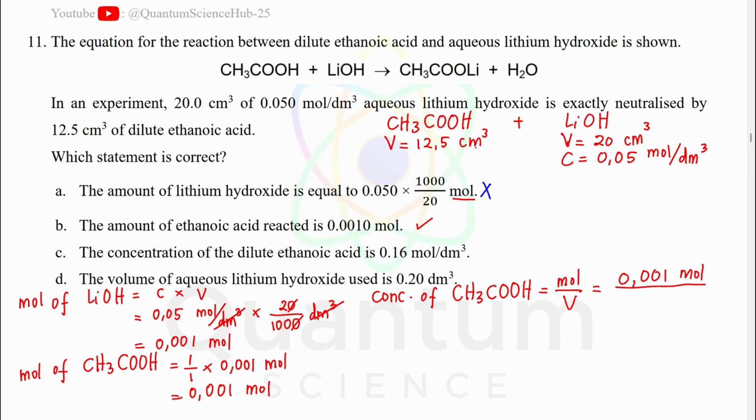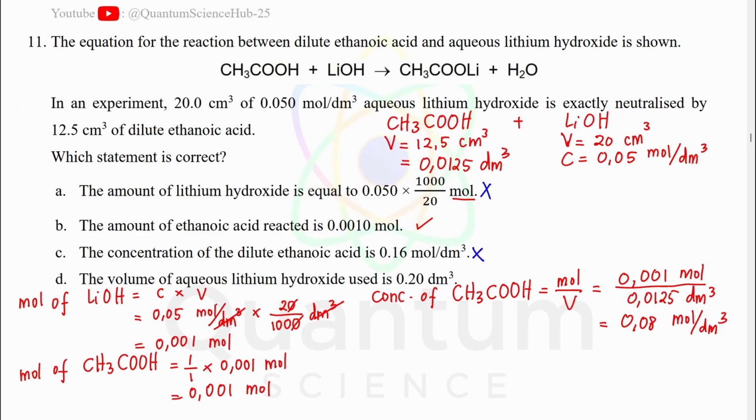We divide by 1000, so it equals 0.0125 decimeter cube. Okay, so you divide by 0.0125 dm cube, so it equals 0.08 mole per dm cube. So this option C is wrong. It should be 0.08, not 0.16.